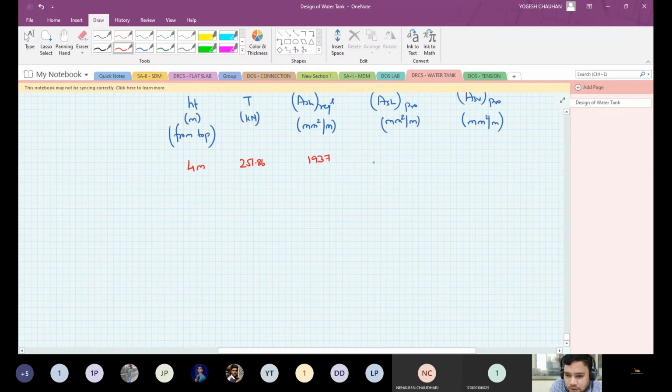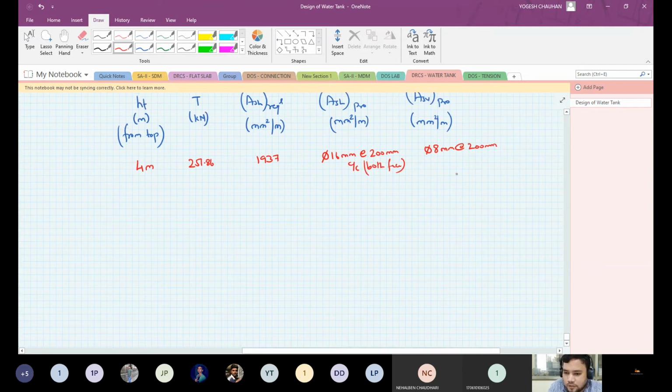Let us provide 16 diameter at the rate of 200 center to center, both faces. And for the vertical steel, it will be the same, 8 diameter at the rate of 200 center to center, both faces.